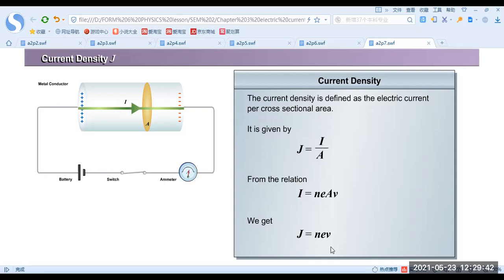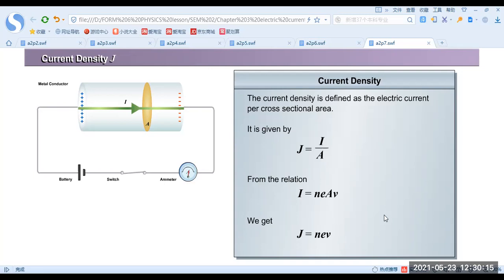Okay, ladies and gentlemen, regarding this drift velocity, what is the maximum speed of the electron? The maximum velocity is the normal speed of the electron. The maximum speed is the light speed, 3 times 10 to the power 8 ms negative 1.